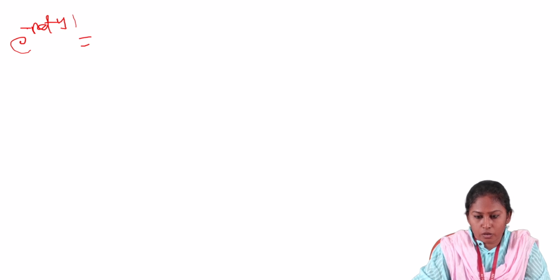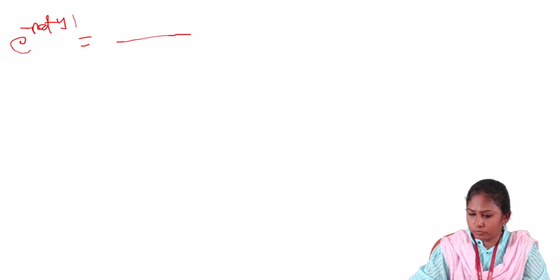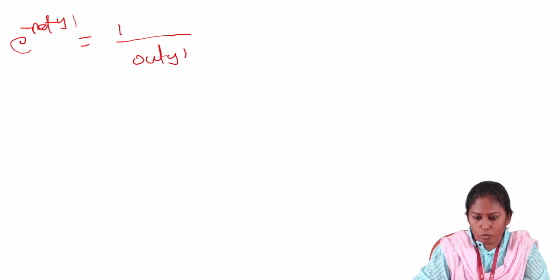So here e to the power minus net y1 is equal to, I am taking here, out y1 times 1 minus out y1.